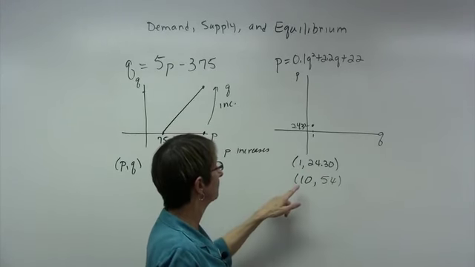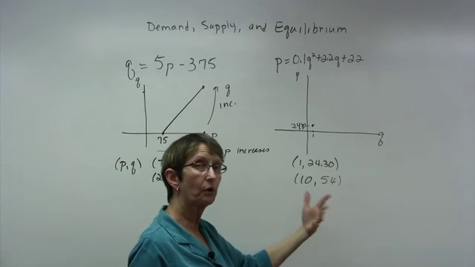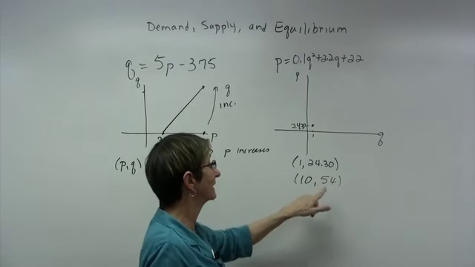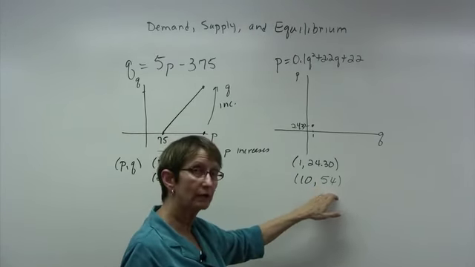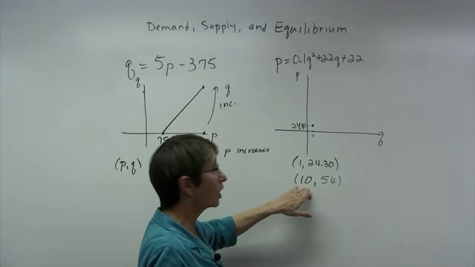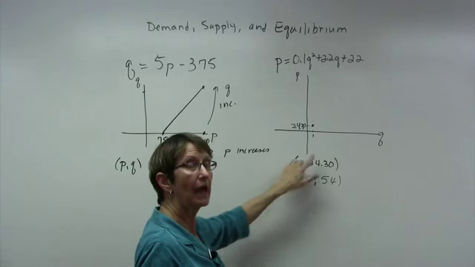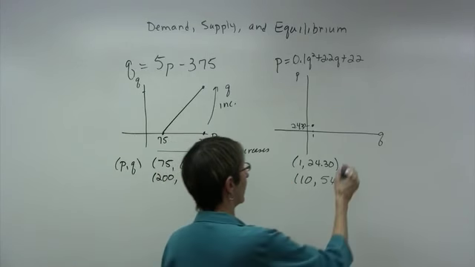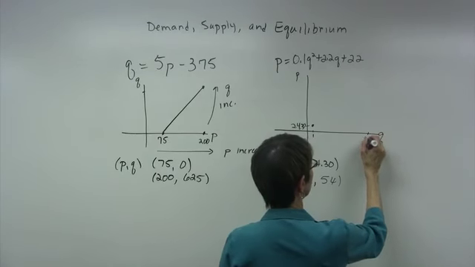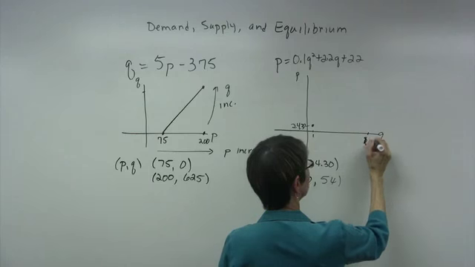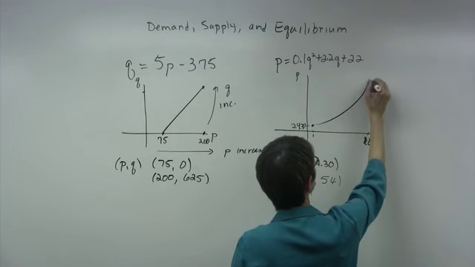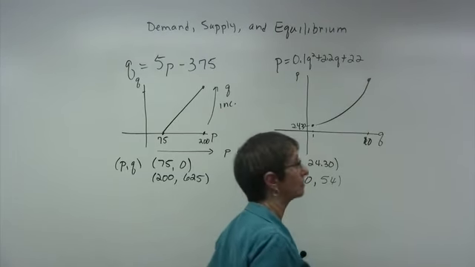But if there's a demand and 10 items come in at $54, the suppliers hope that 10 will sell. So they want to sell more at a higher price, so our supply curve is increasing. And it's a parabola, so it opens up.